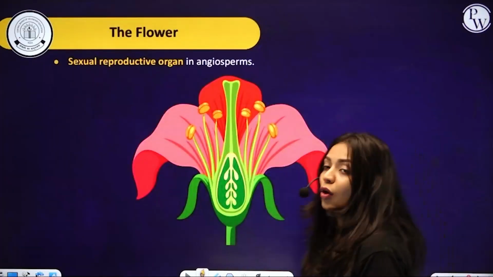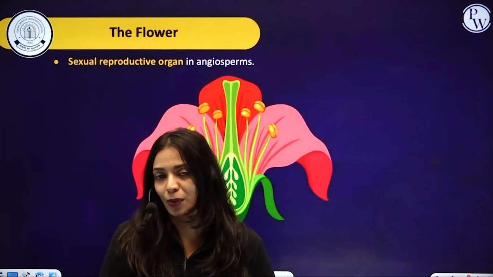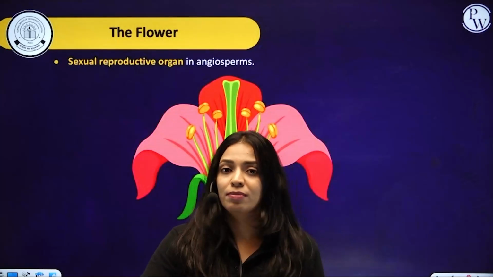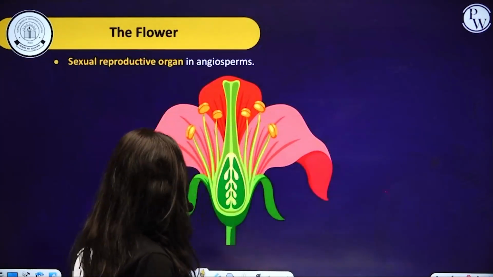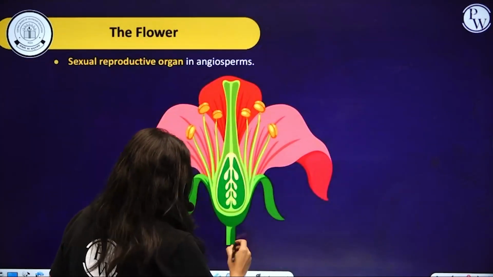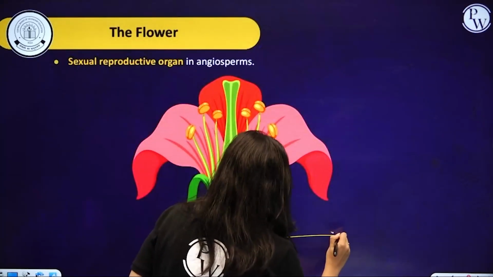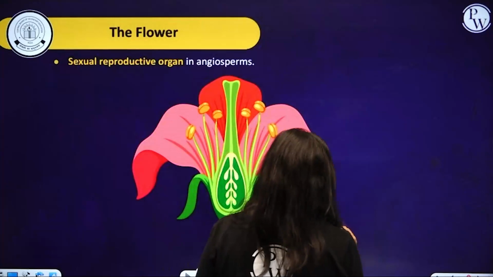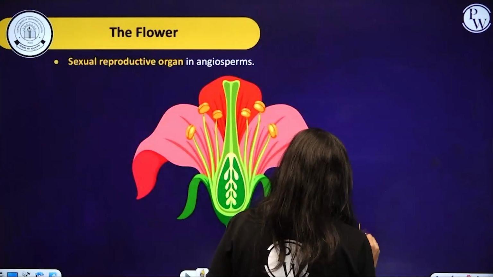Now let's move on to the different parts of the flower. As you already know, flowers have 4 major whorls. Let's start by talking about the stalk of the flower.